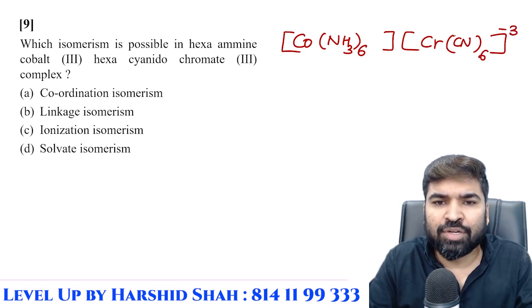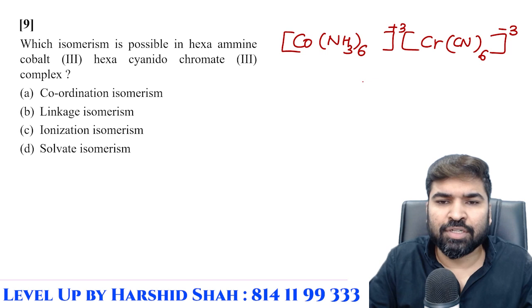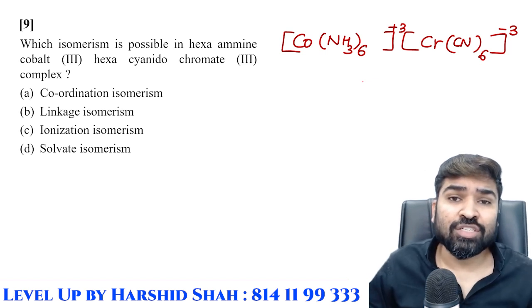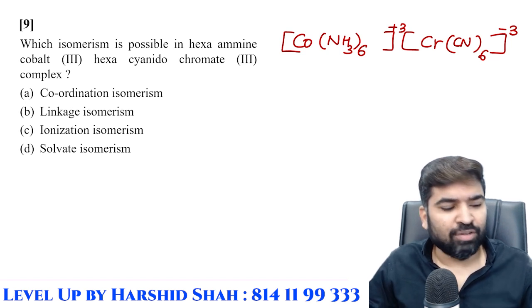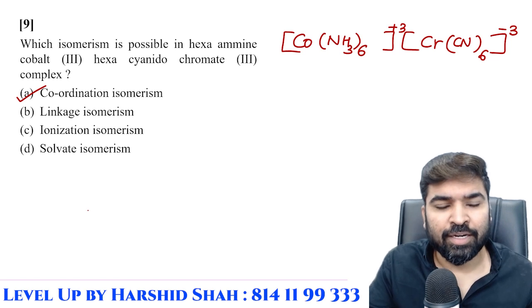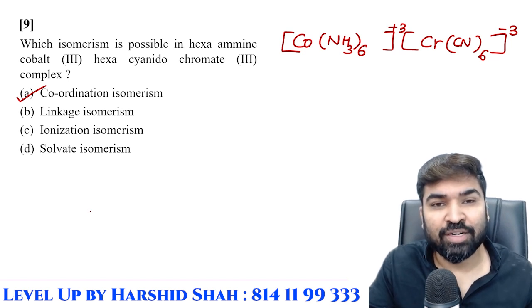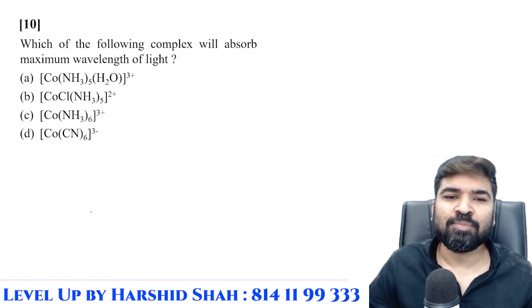This is having -3 oxidation state, this is having +3 oxidation state. Both of them can exchange the ligands with one another, thereby showing us coordination isomerism. So where is coordination isomerism? Option A. It is not linkage isomerism, it is the coordination one.